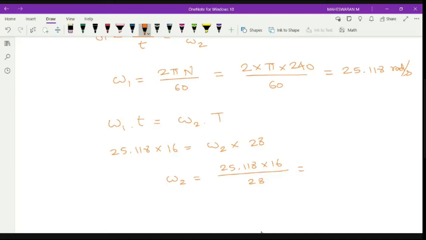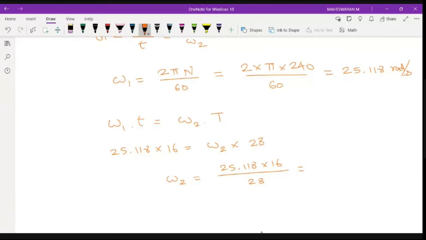The smaller will rotate more, so omega 2 should be lesser than 25.118. Whether it is the driving gear or not doesn't matter; the smaller one has more rotation than the bigger one. I am not considering driving or driven, since the values are given, so we substitute accordingly.